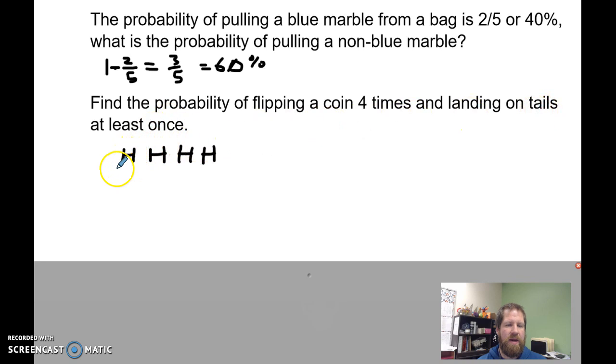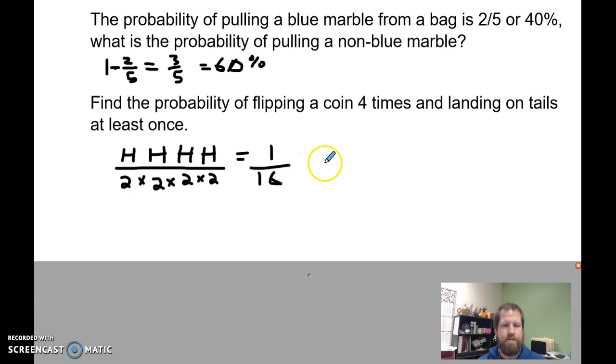And then I'm going to have to calculate, this is my one chance. So that's only one event out of, well, I've got 2 possibilities here, times 2 possibilities here, times 2 here, times 2 there, or 1 out of 16.